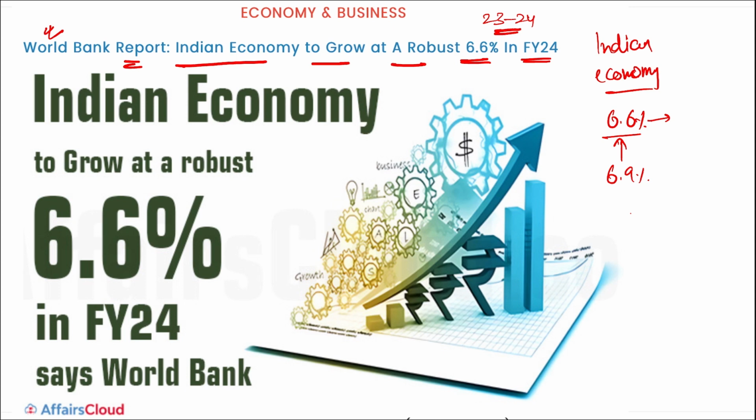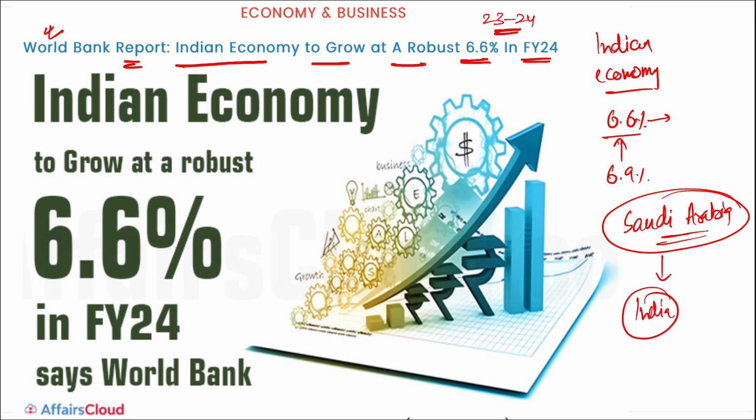Even there was data released yesterday that stated Saudi Arabia may surpass India's GDP growth rate. That means the rate at which India is growing, Saudi Arabia may surpass it. As we know, because of the oil they are selling, the growth that can be seen in Saudi Arabia can be high. They are even developing the concept project, that is Line, and various others.